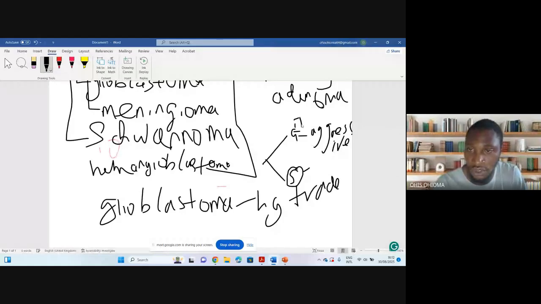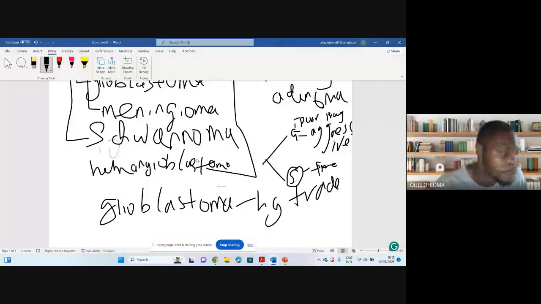The higher the grade, the poorer the prognosis. And then the stage just determines the spread of the tumor. So if it has left its area of primary confinement and goes to nearby tissues, that's a higher stage.